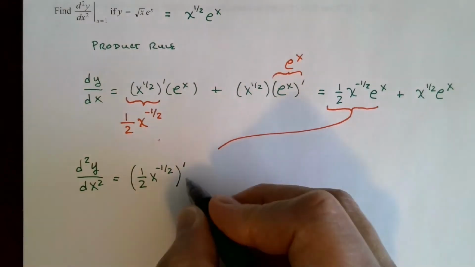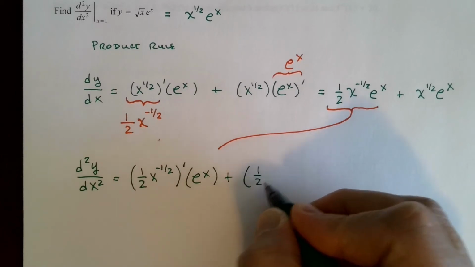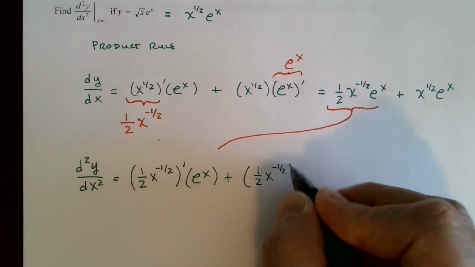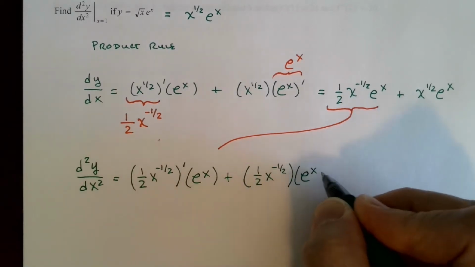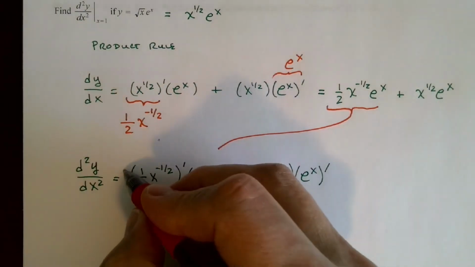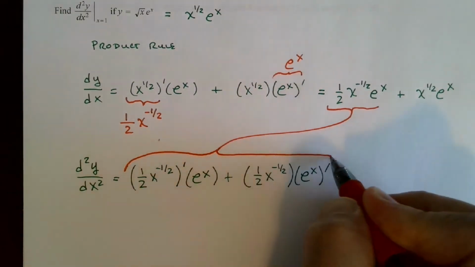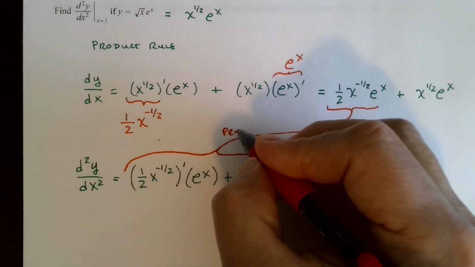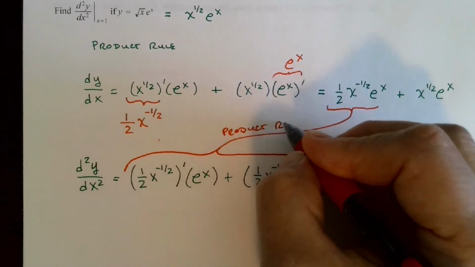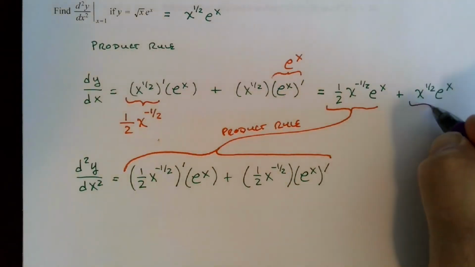Derivative of that times e to the x plus 1/2 x to the negative 1/2 times the derivative of e to the x. That's the product rule. Okay, so that's the derivative of this whole thing here. Again, product rule.